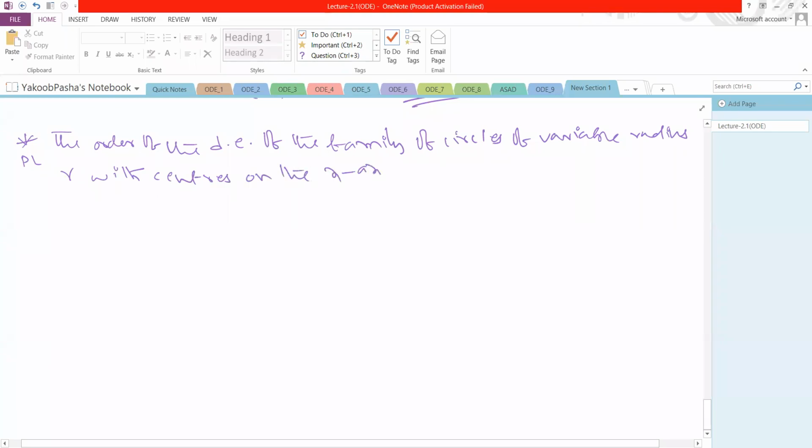We have to find the order, that is the maximum derivative of the differential equation.